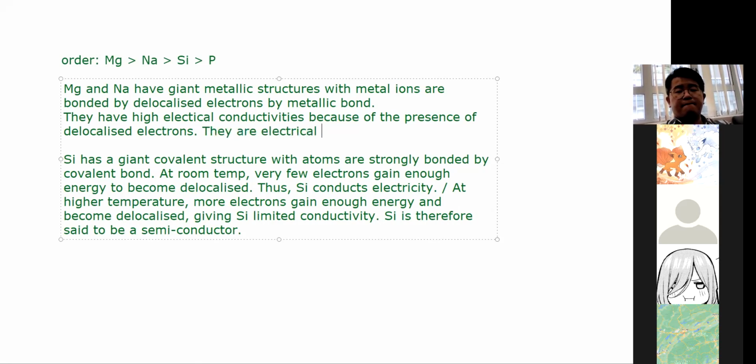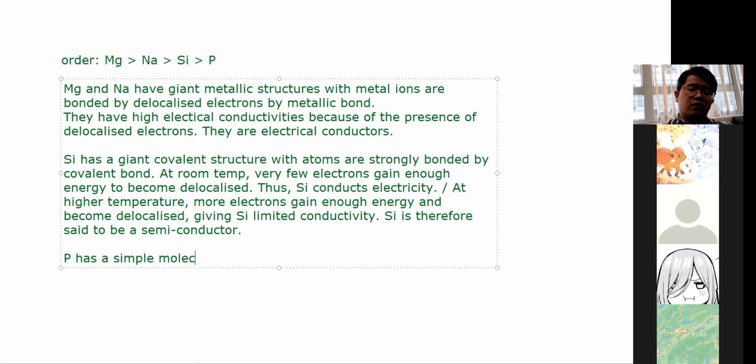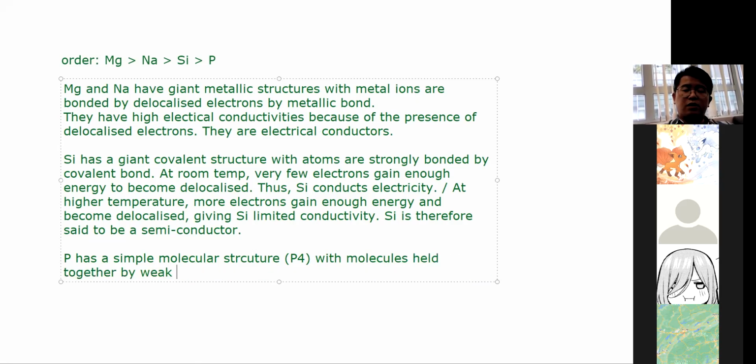How about the last one? Phosphorus. Phosphorus has a simple molecular structure. Now remember the form, it is in form of P4, with molecules held together by weak van der Waals forces.